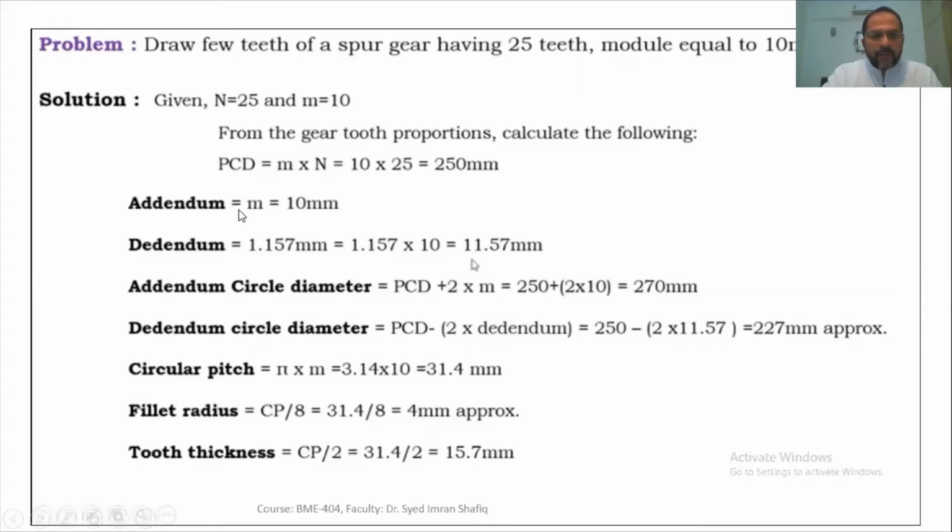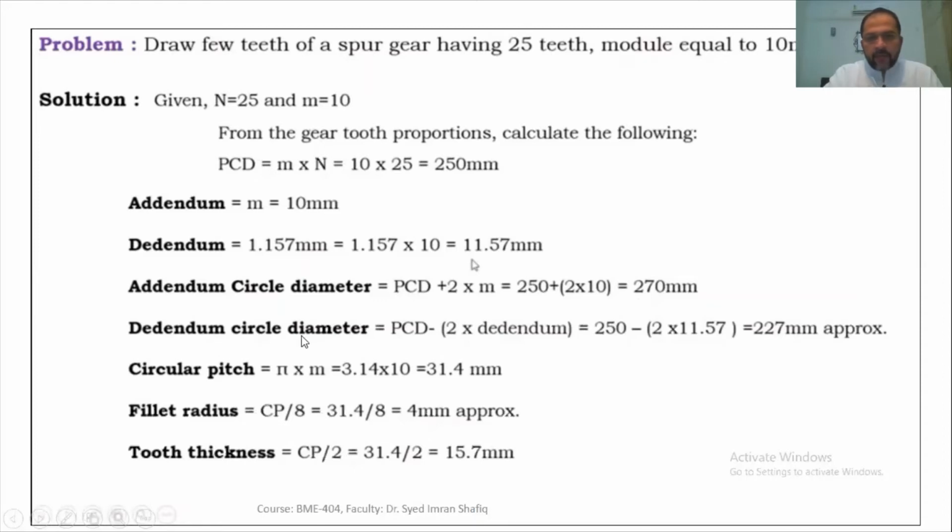The addendum is equal to m, that is 10 mm. Dedendum is 1.157 into 10, that is 11.57 mm. Similarly, we will calculate addendum circle diameter, that is PCD plus twice m, which comes out to be 270 mm.